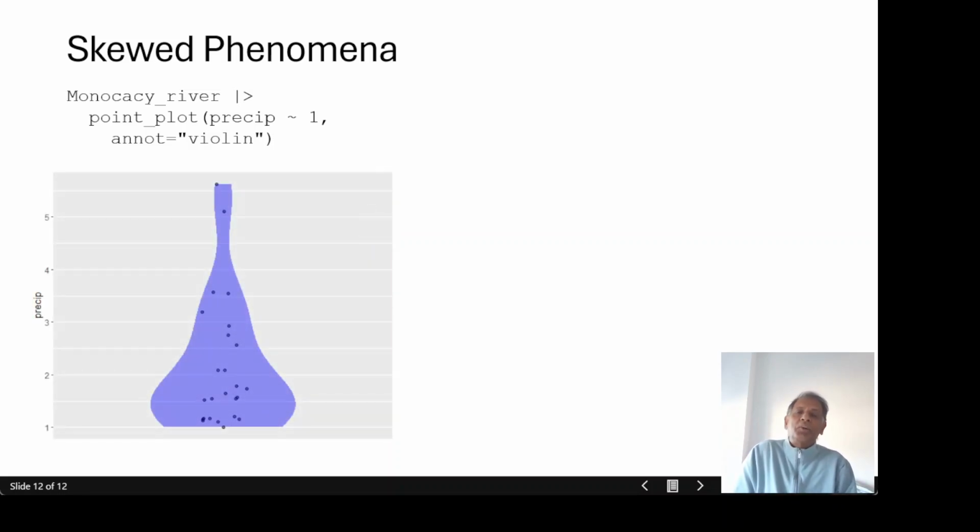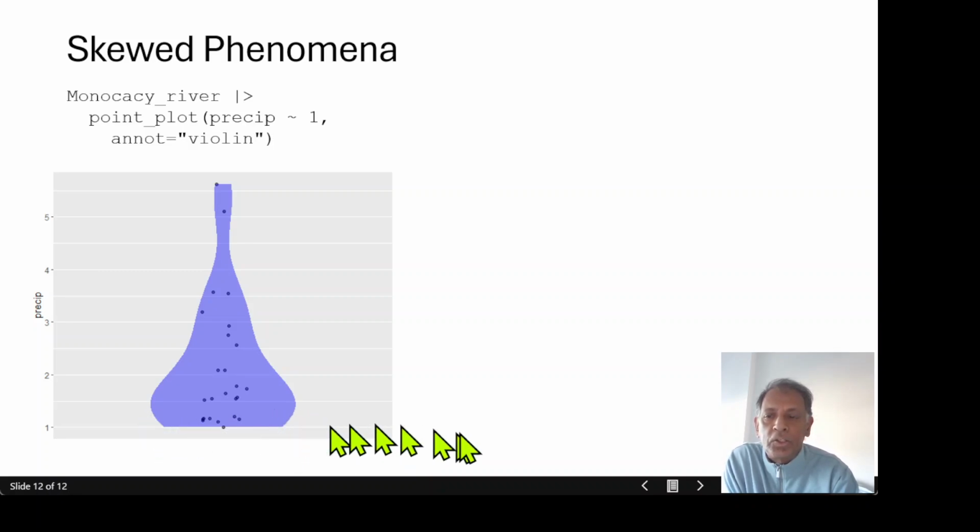So that's a very skewed distribution. You see the maximum number of precipitations are around the lower range, and very rarely do you get high precipitation, assuming that they've measured daily precipitation. There are very few days in which you've got extremely high precipitation, and relatively more days in which there is no precipitation at all.